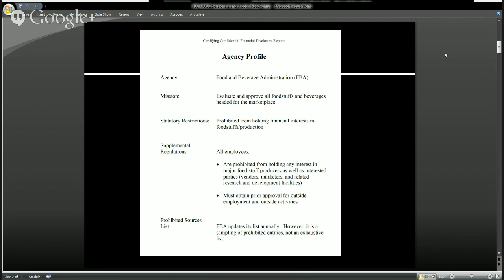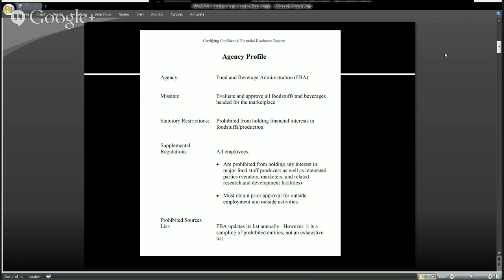These supplemental regulations for our fictitious agency are not unusual. Many agencies have a prior approval requirement for outside activities, and many also have restrictions on what kinds of financial assets employees can hold. So we want to keep those in mind as we go through this presentation. And if you don't know if your agency has supplemental regulations, it's important you find out before you start reviewing confidential reports.